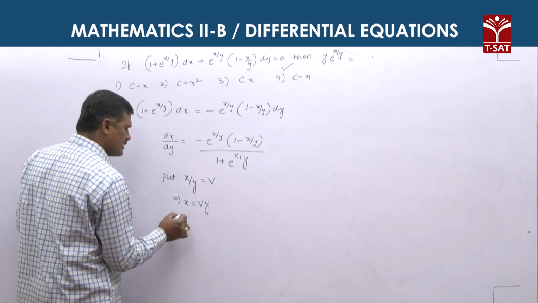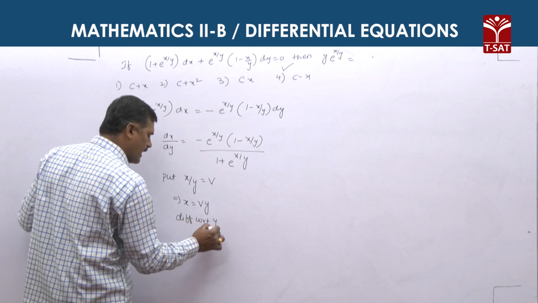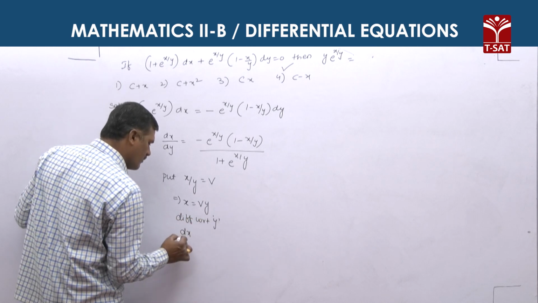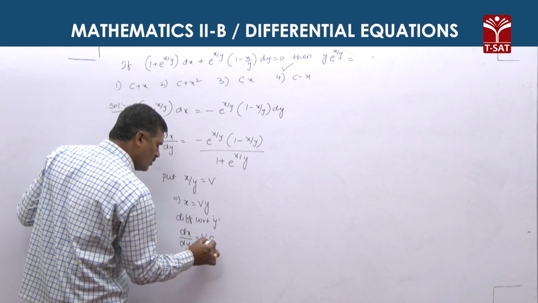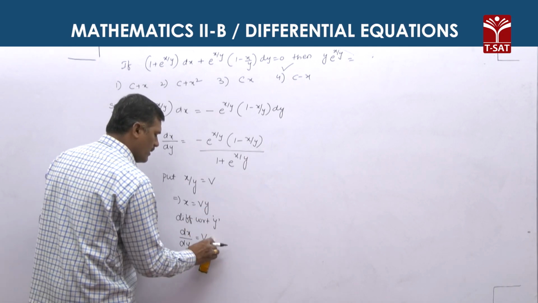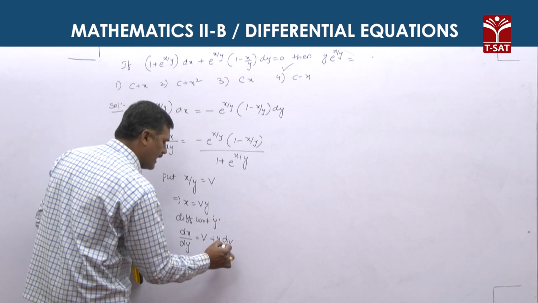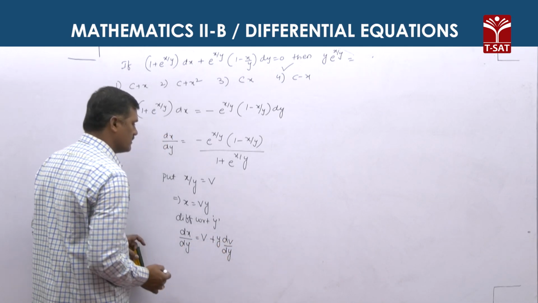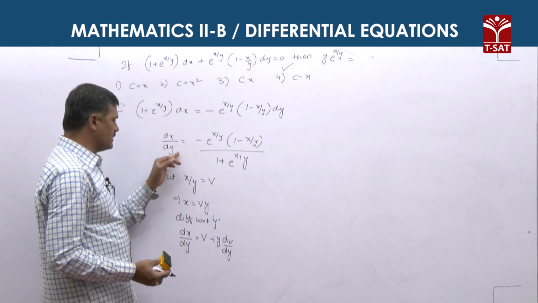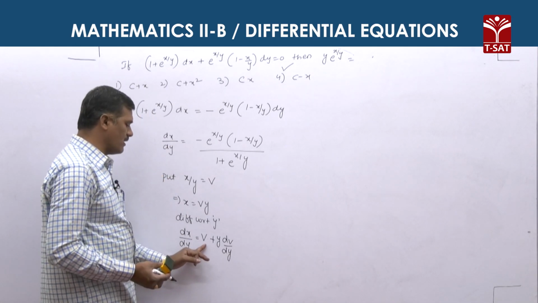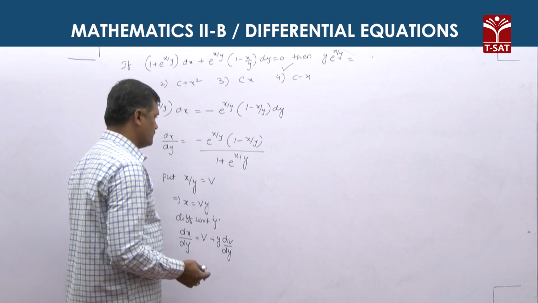Now differentiating with respect to y, dx by dy is equal to, by the UV rule, v into 1 plus y into dv by dy. So dx by dy can be written as v plus y into dv by dy.